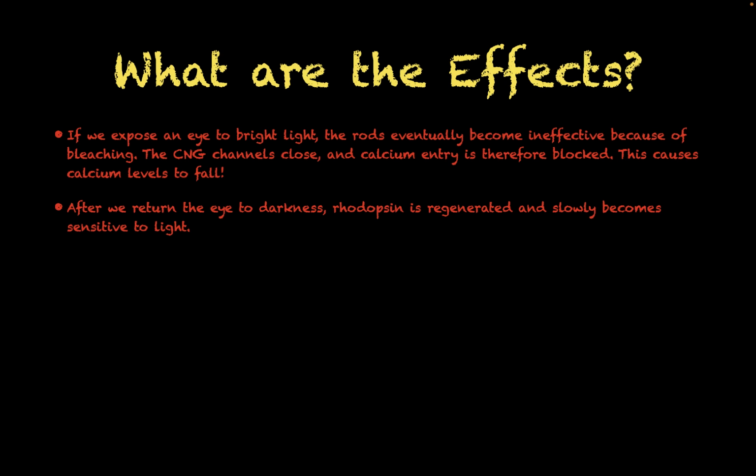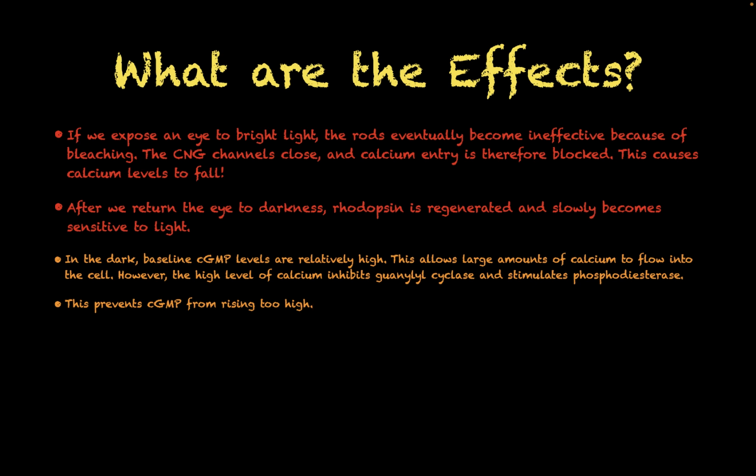Now, after we return the eye to darkness, rhodopsin is going to be regenerated and slowly become sensitive to light. Because remember, the 11-cis retinal is going to come back into the outer segment and recombine with opsin, forming rhodopsin once again. So rhodopsin is going to be regenerated in the dark, and it slowly becomes sensitive to light.